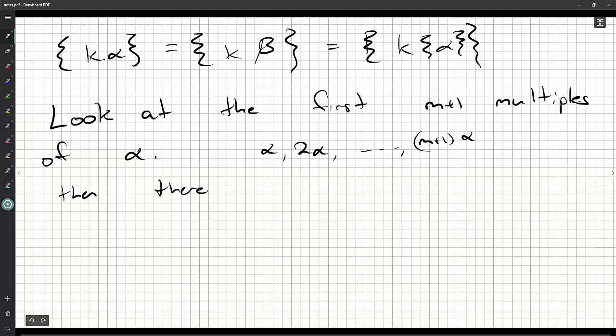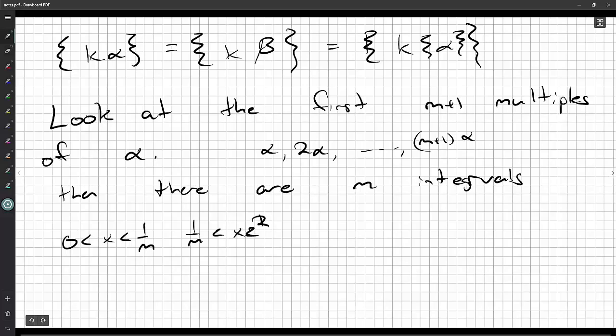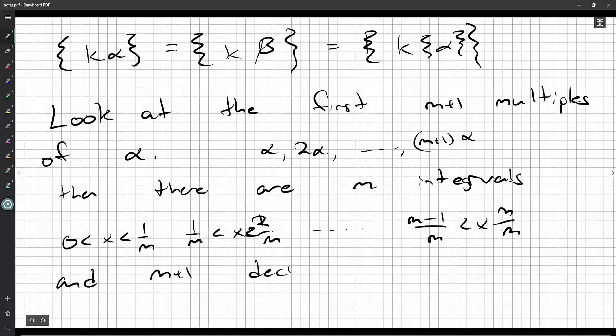Then there are m intervals: 0 to 1 over m, 1 over m to 2 over m, and so on all the way up to m minus 1 over m, all the way up to m over m. And there are m plus 1 decimal parts.